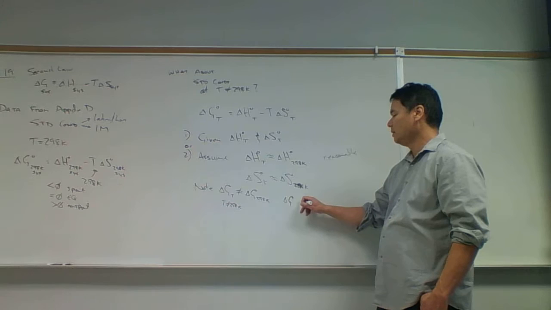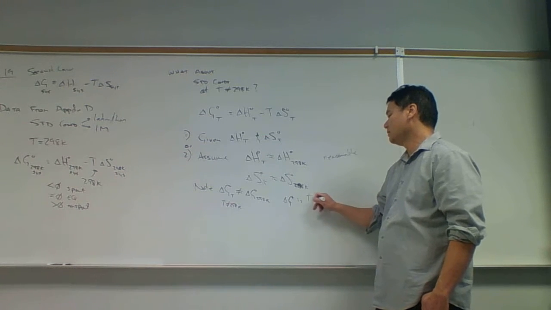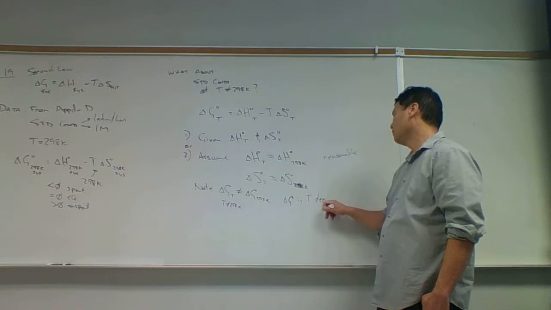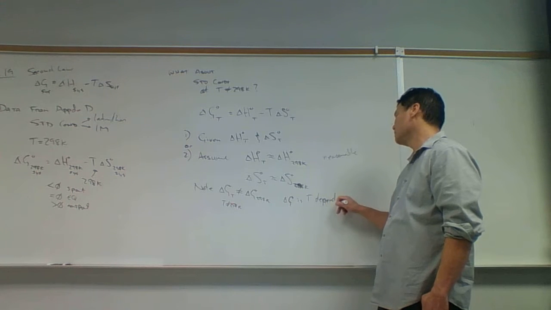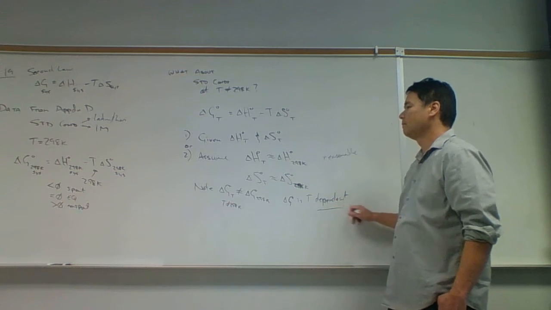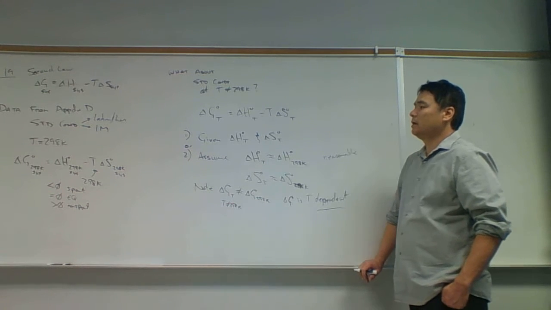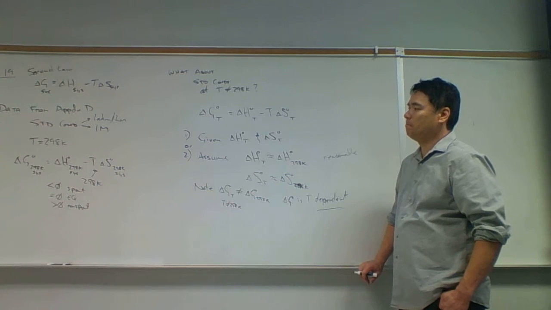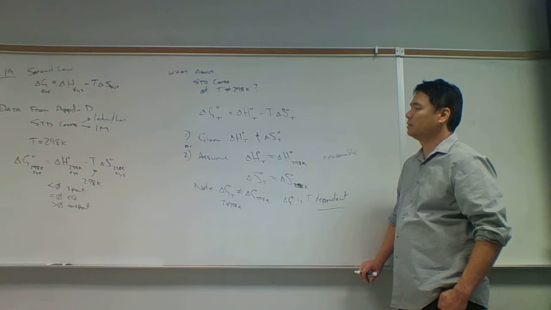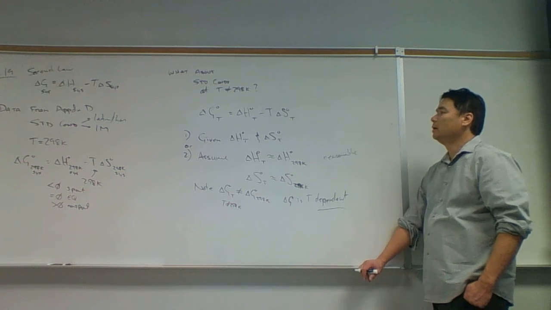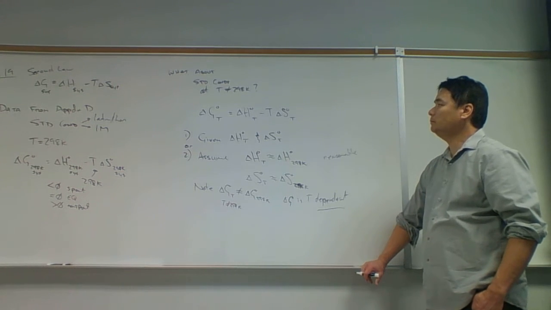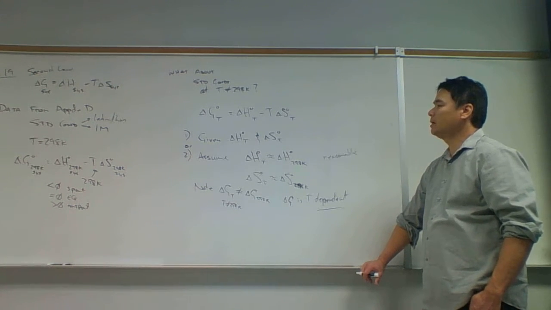But delta G is temperature dependent, and therefore we can't assume it stays relatively constant. And so this allows us to do certain things. Now, that's at different temperatures.